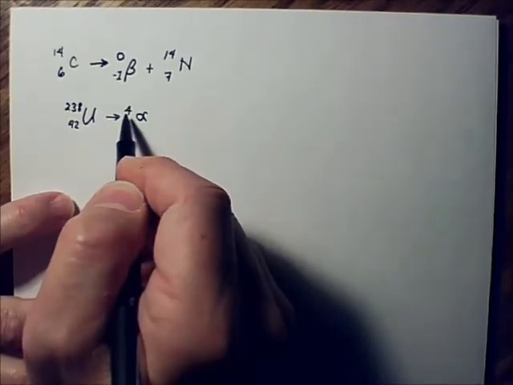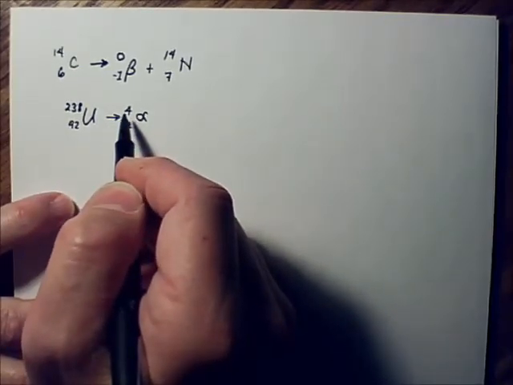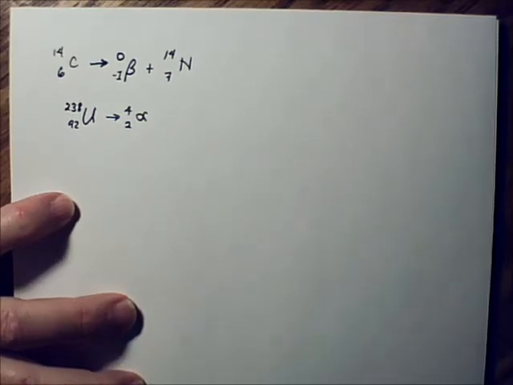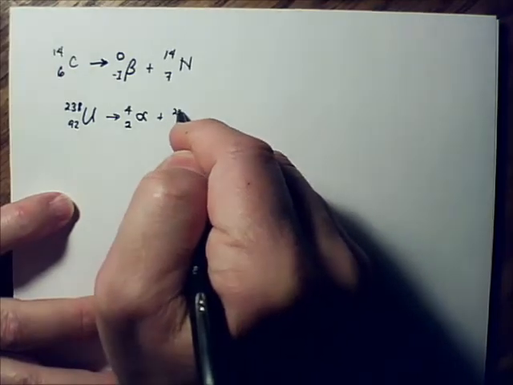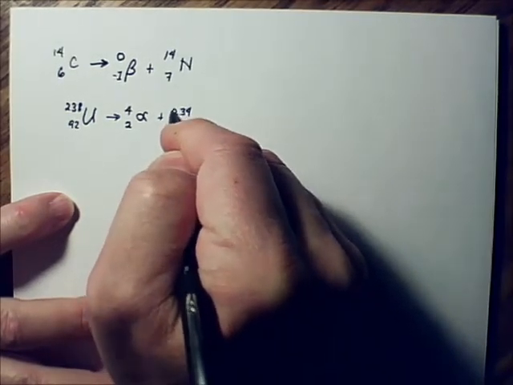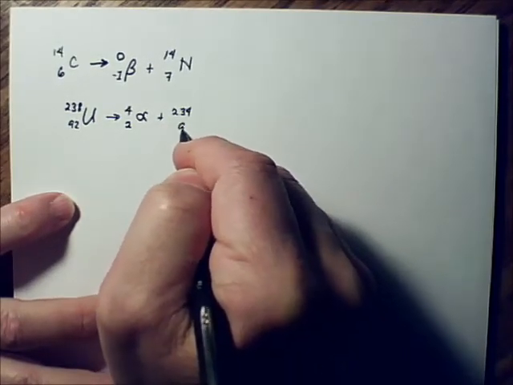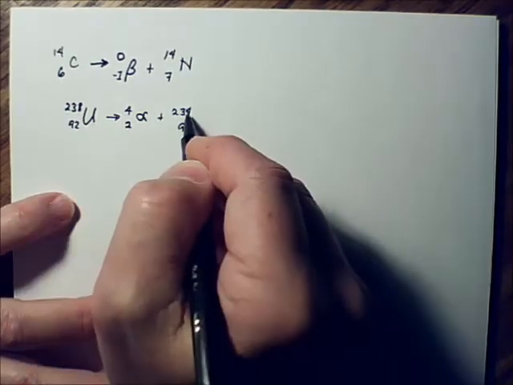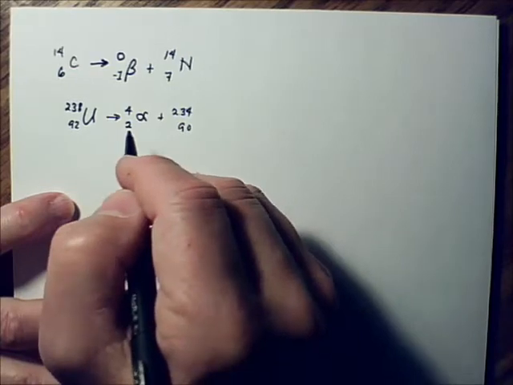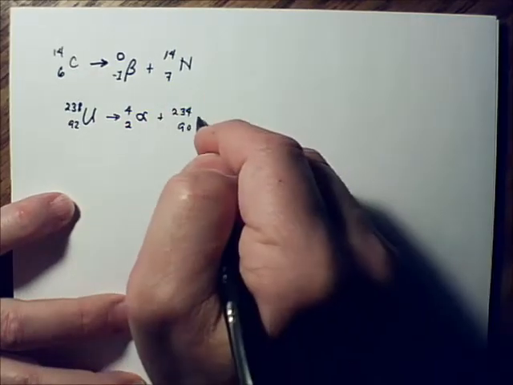The mass is protons plus neutrons. Okay? Atomic mass is protons plus neutrons. You already got it? So this number is going to be 234. And this number is going to be 90. 90 and 2 is 92. 4 and 234 is 238. And what element has 90 protons? Thorium.